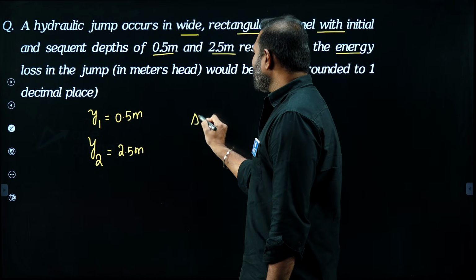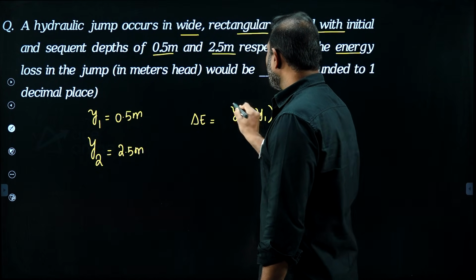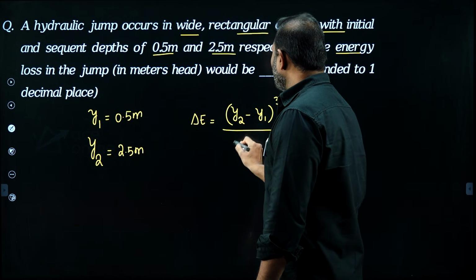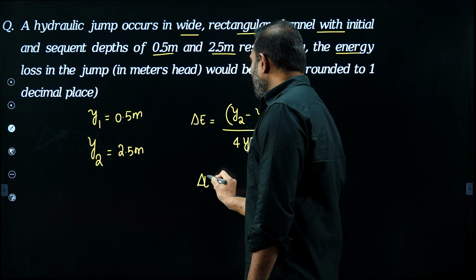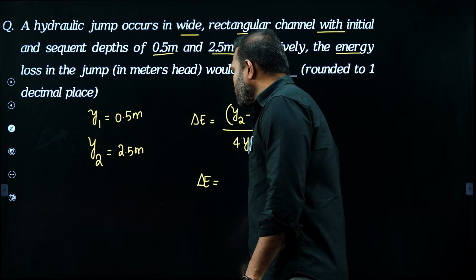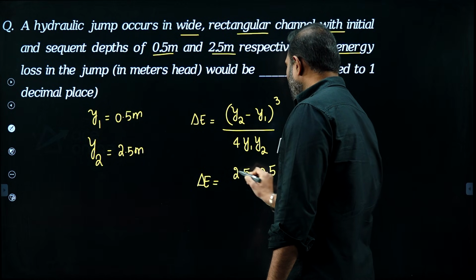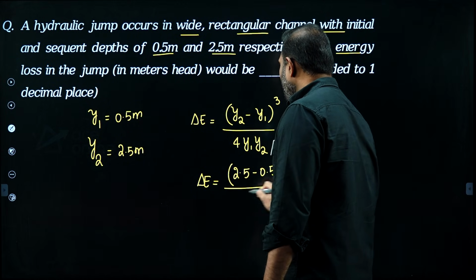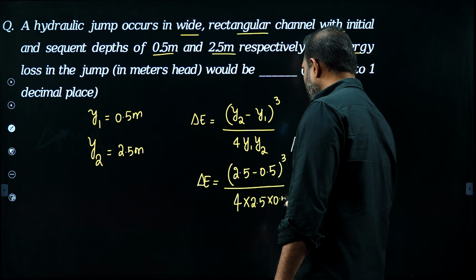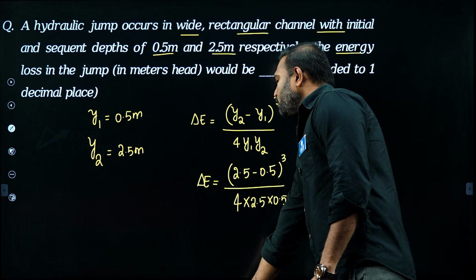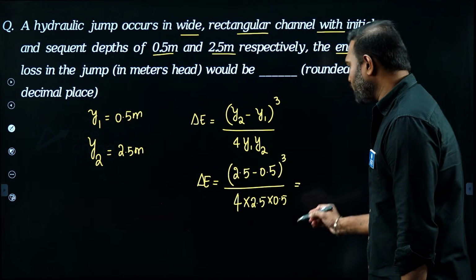Straight away, delta E is equal to (y2 minus y1) whole cube by 4 times y1 and y2. Substitute: (2.5 minus 0.5) whole cube by 4 into 2.5 into 0.5. 2.5 minus 0.5 is 2, and 2 cube is 8.